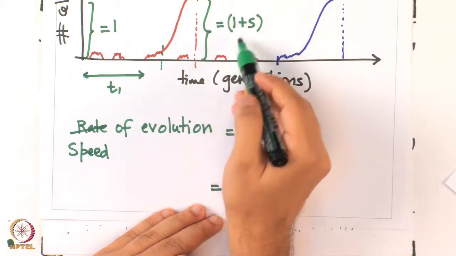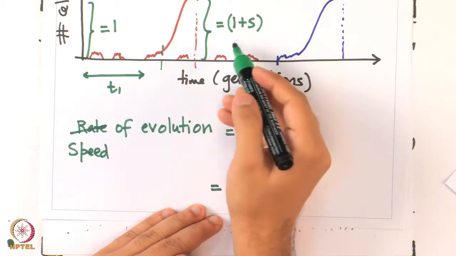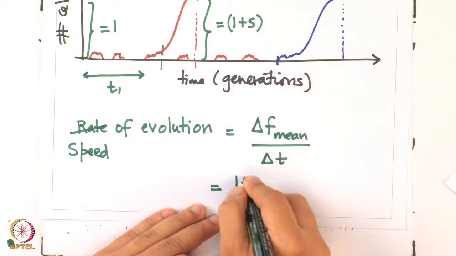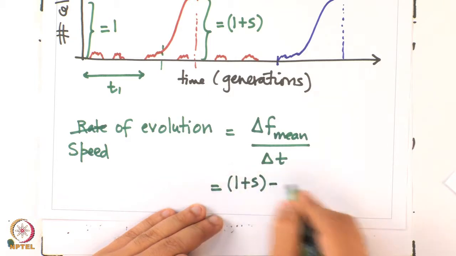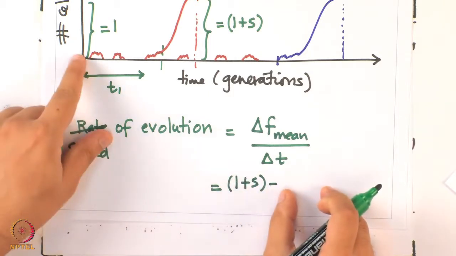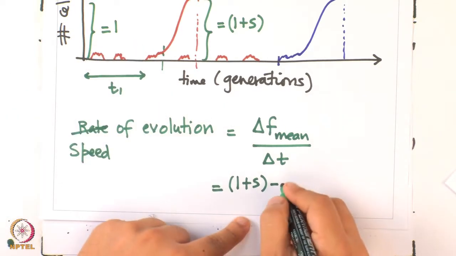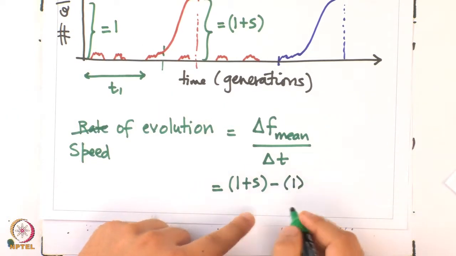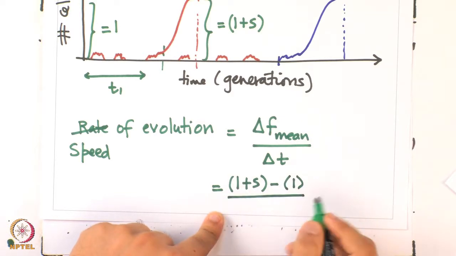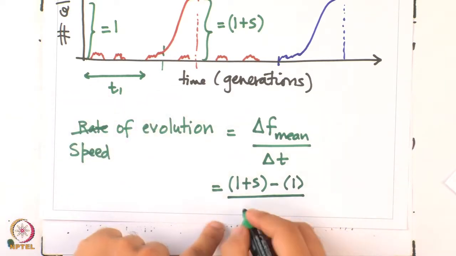Since every individual has a fitness 1 plus S, the mean fitness is also 1 plus S. So, this is 1 plus S minus the initial fitness. Since every individual was at a fitness level 1, the mean fitness at the beginning of the experiment is 1, and this change happened in time t1 plus t2.